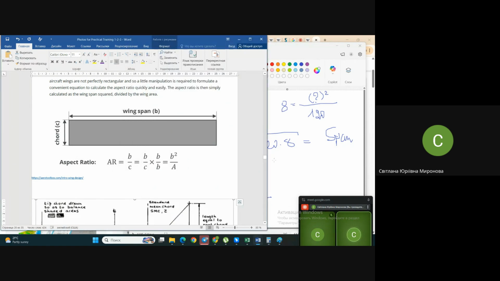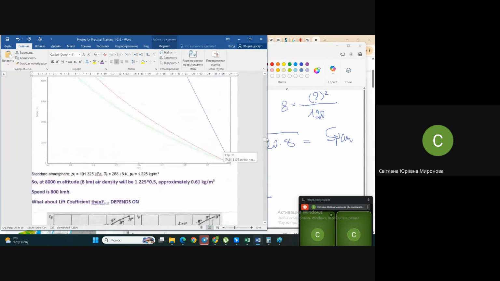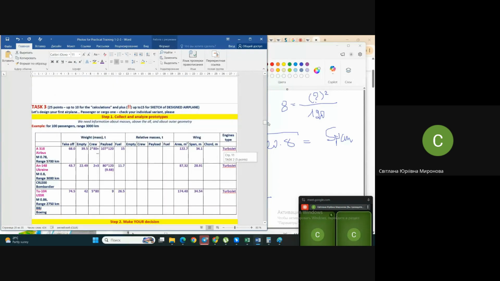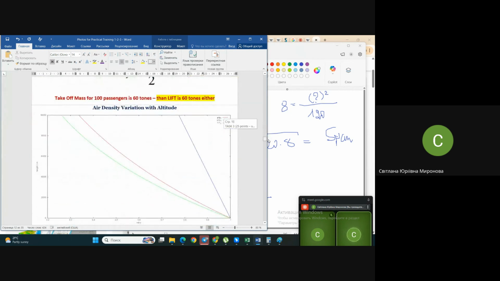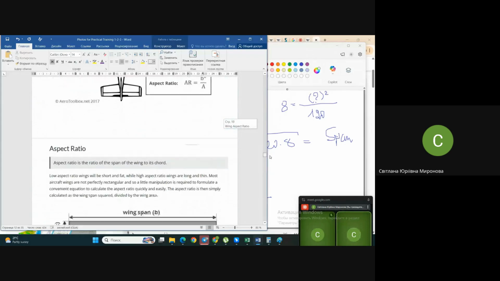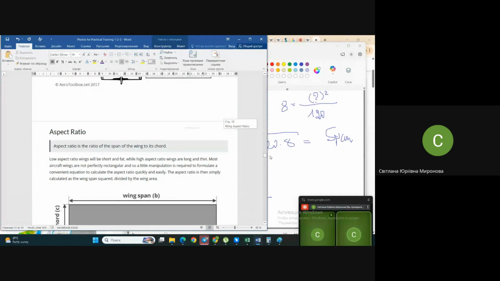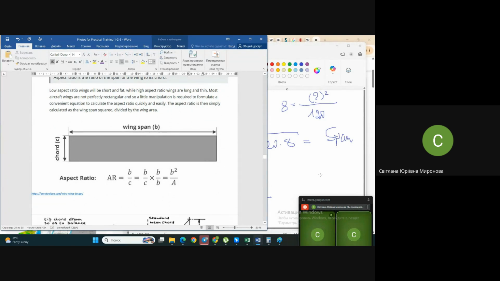By the way, let's compare to the airplanes that we have collected. Interesting. Look, approximately in between the Airbus, which is a little bit greater than necessary by passengers, and the Antonov, which is a little bit less than necessary in passengers. So, at least in our zero iteration, let our span now be 30 meters.